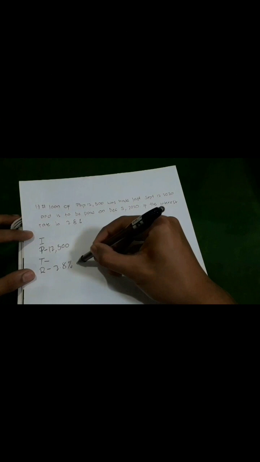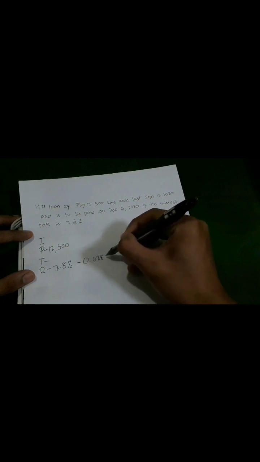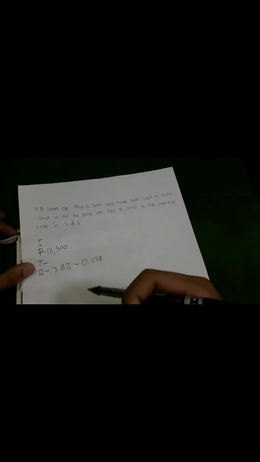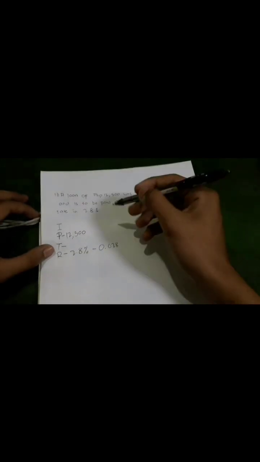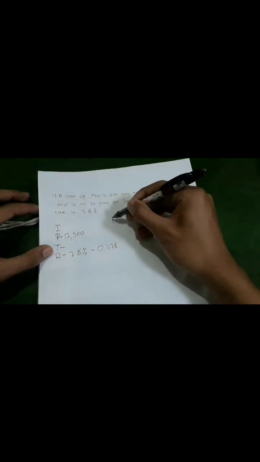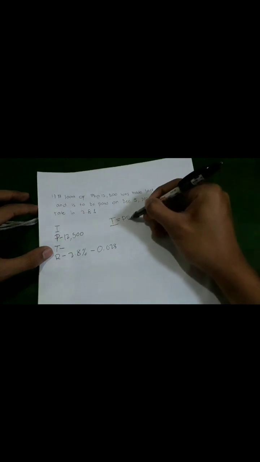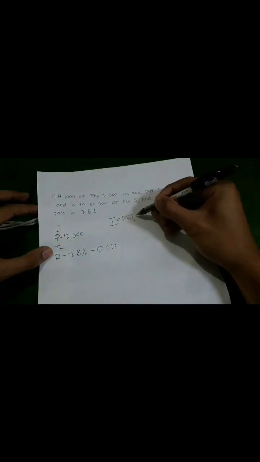So, let's convert that into decimal, which would lead to 0.028. In this case, we will use the formula of simple interest: I is equal to P, R, and T.